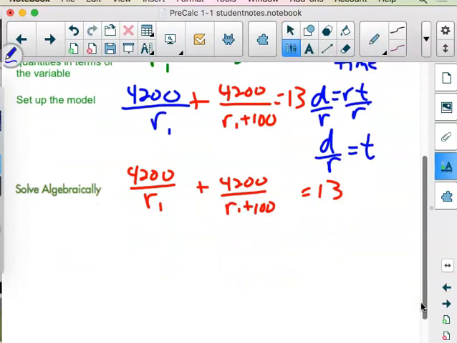We have solved fractions like this before, and if, like I said, if you want to change it to x because you'd rather have x's than r sub 1's, go for it. But what we have to do is find the LCD and multiply the entire thing by the LCD. And my LCD has to have everything there and to its highest power. So I'm going to have an r sub 1, and I'm going to have an r sub 1 plus 100.